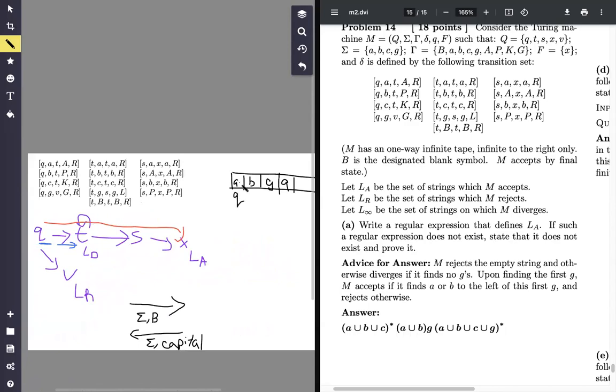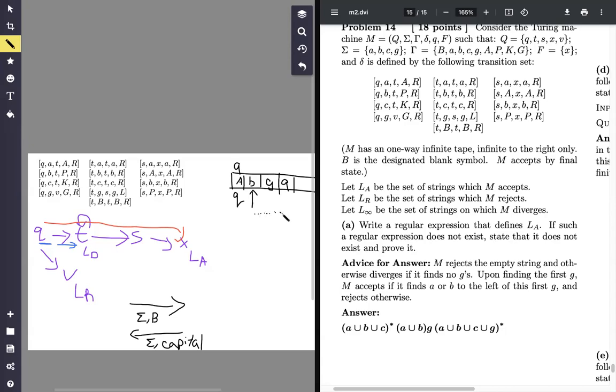So if I'm in state Q and I read an A, I write a capital A, and I move to the right. So now I'm here, right?